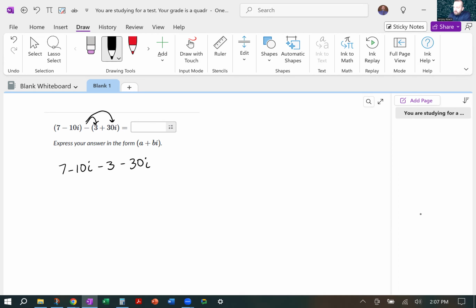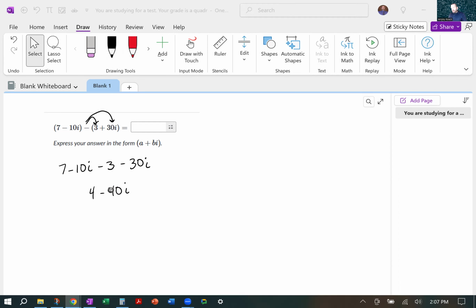If there's a plus between the parentheses, you don't have to do anything. You can just get rid of the parentheses altogether. So 7 minus 3, that's 4. Negative 10i minus 30i is negative 40i. And it wants it in the form a plus bi.